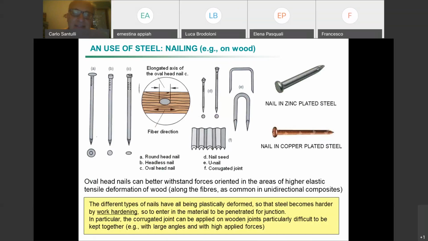In some cases, you may have steel which is plated with zinc or plated with copper to avoid corrosion in particular. We are going to talk a bit about corrosion, which is an important problem in materials. But on the other side, as a bulk material, steel is very effective to produce nails.